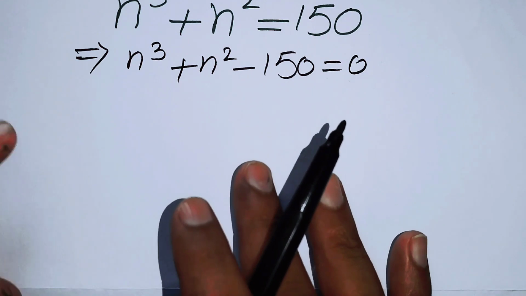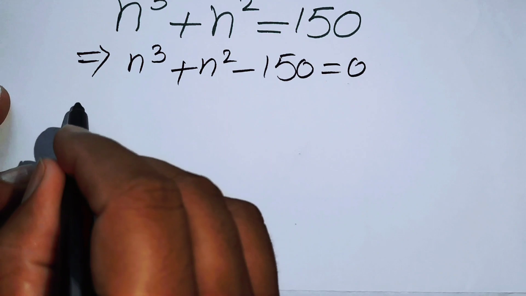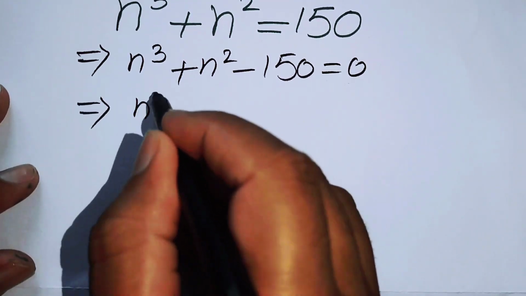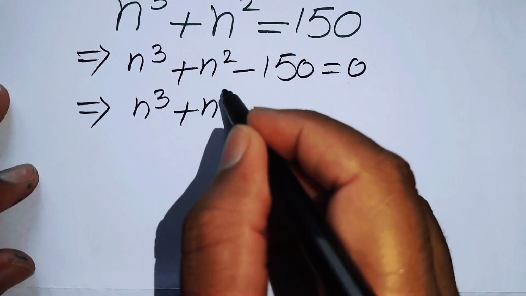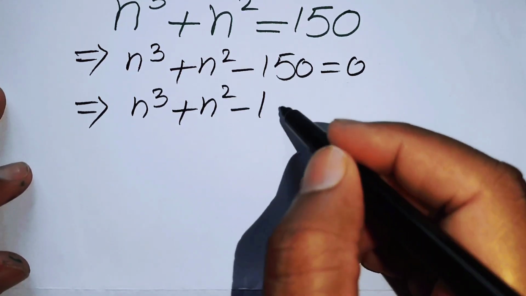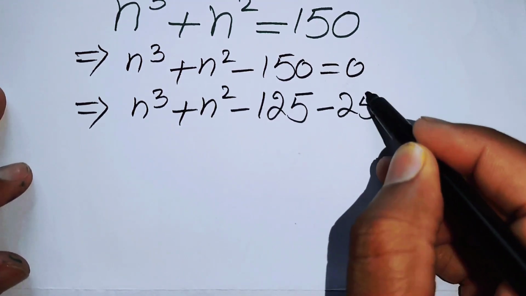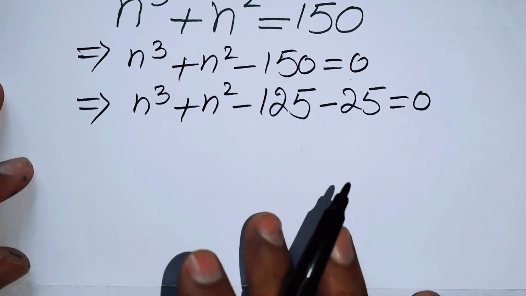After this step I can rewrite this equation as n cubed plus n squared minus, we can write this 150 as 125 plus 25, is equal to 0.